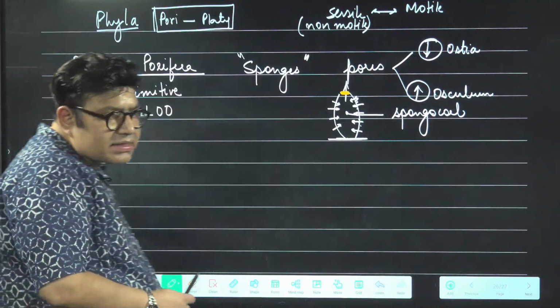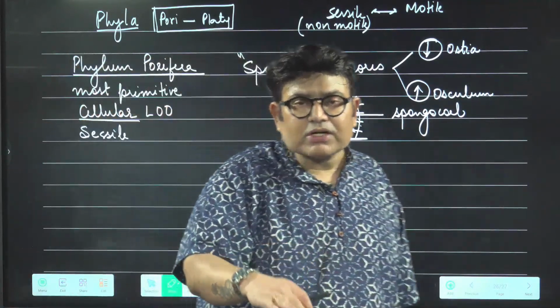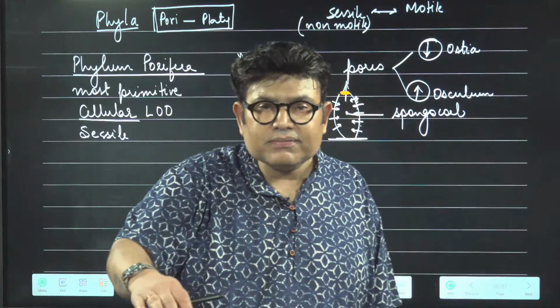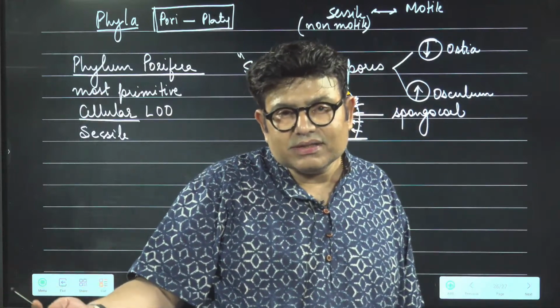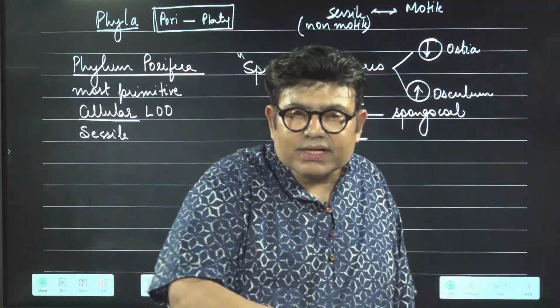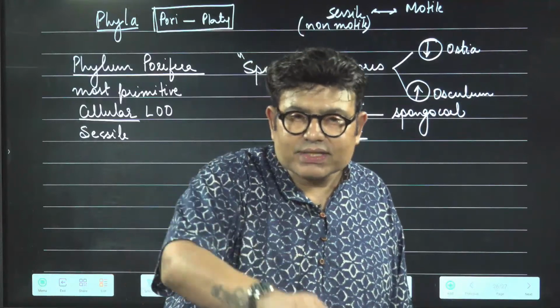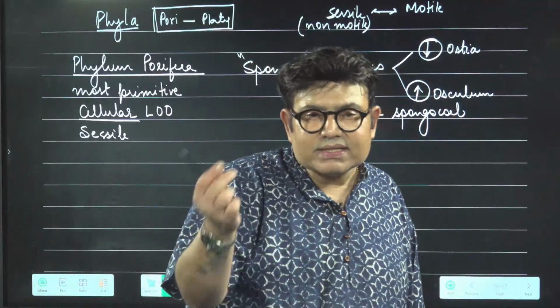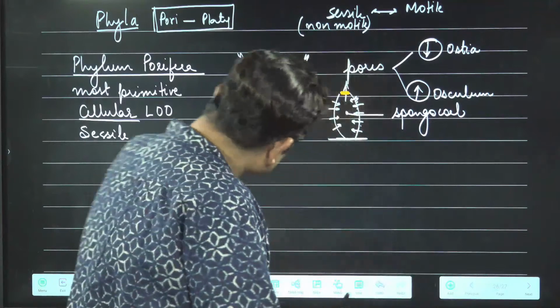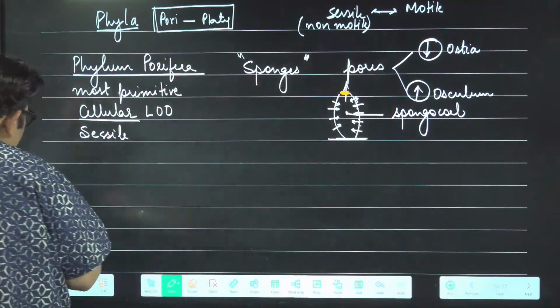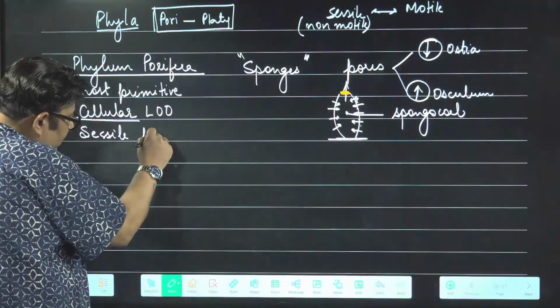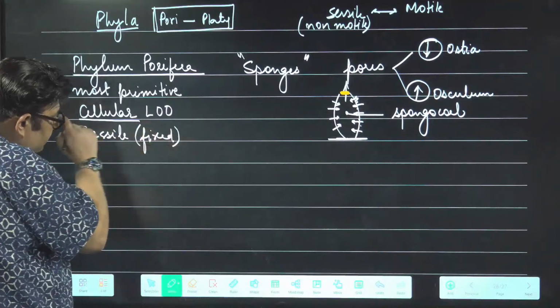Can I say that sessile means fixed to the bottom or fixed to the substratum? Yes, obviously it is fixed, therefore it is not moving. So yes, it makes sense. Okay, sessile. Animals are not moving, they are fixed.